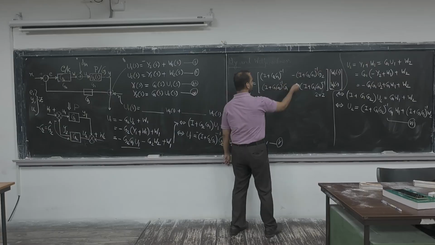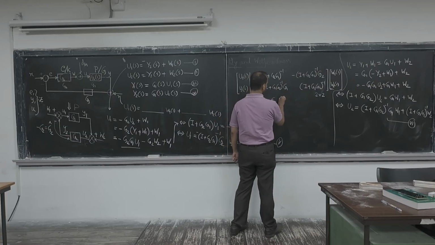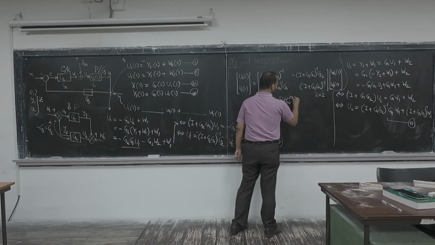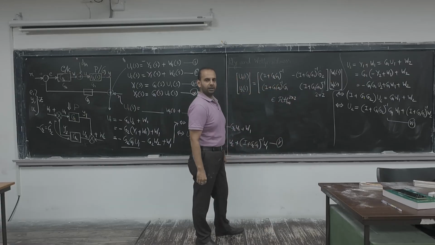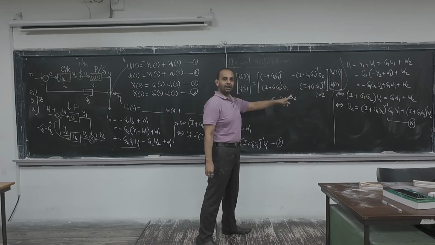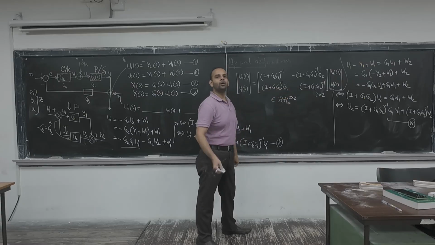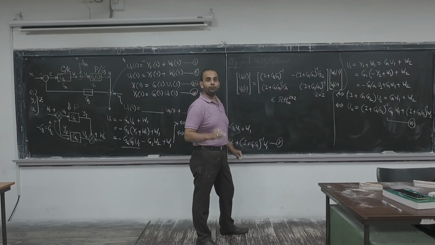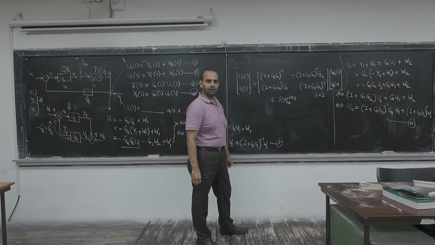And what I said is that this is internally stable if this transfer function matrix belongs to Rh infinity 2 cross 2. Now what does it mean? You have to check whether these individual transfer functions belong to Rh infinity or not. That means each of them, anyway they will be real rational, but the two main things you will have to check are whether they are proper and asymptotically stable.